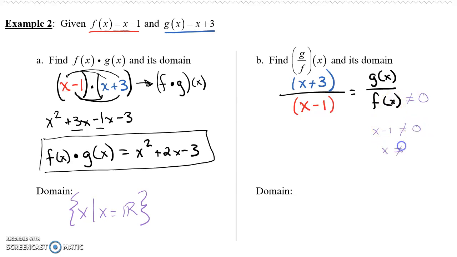Therefore, x can't equal, when I add 1 to both sides, 1. That's a new restriction for my domain. So all real numbers, but not positive 1. That would make my denominator 0. So I would state that my domain is all x values such that x is not equal to positive 1.